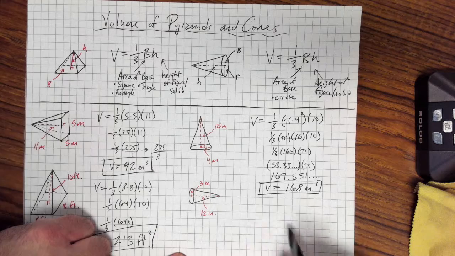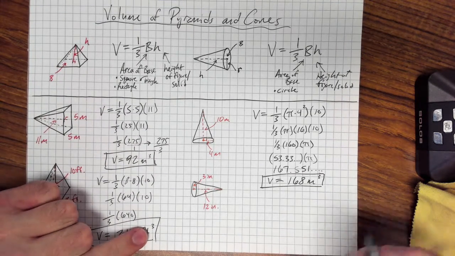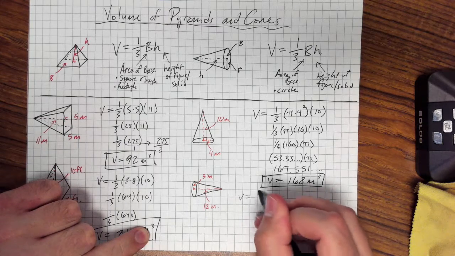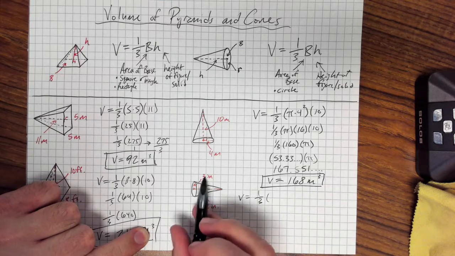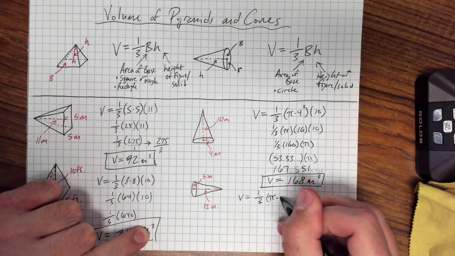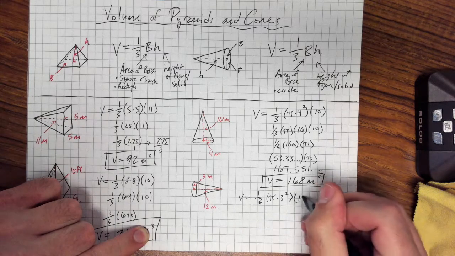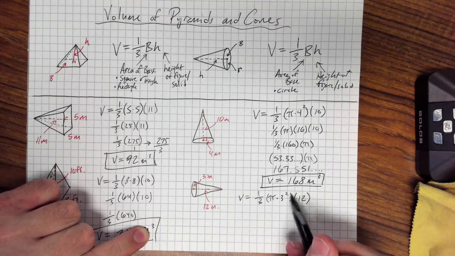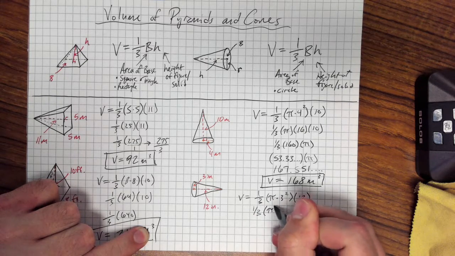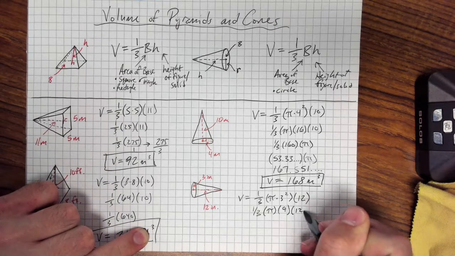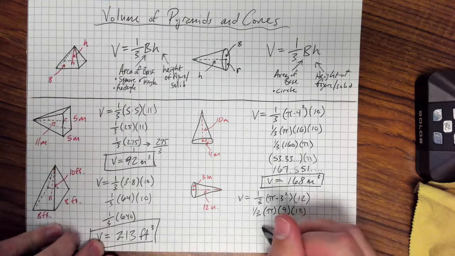And lastly, we'll do this as best we can with the space I have left right here. Volume equals 1/3 times the area of the base, so the radius is 3, so we'll do pi times the radius squared times the height of the cone, which is 12. 3 squared is 9. Nine times 12 comes out to 108.